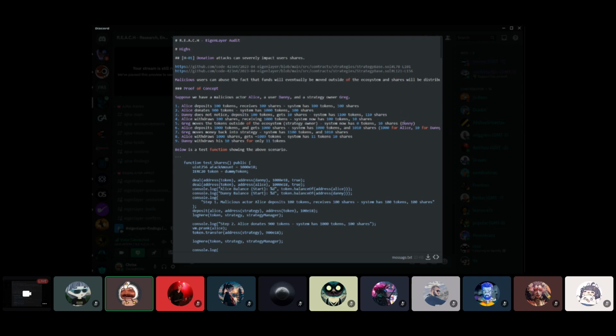So it's essentially 1.1-to-1 in terms of the share price. Then we've got Alice withdrawing her 1,000 shares, and she gets 1,089 tokens because the price per share is 1.089, I'm sorry.